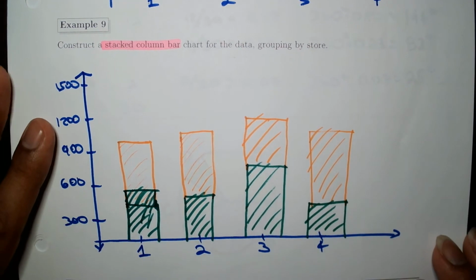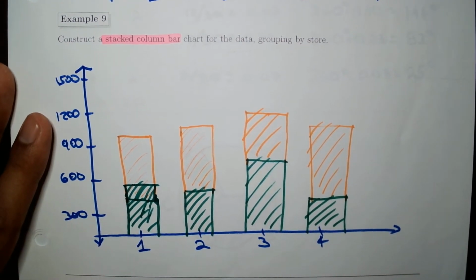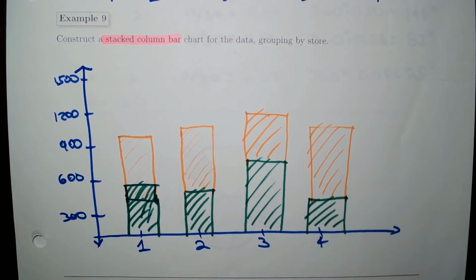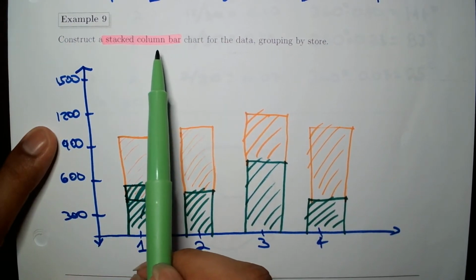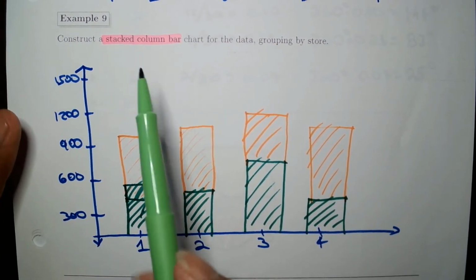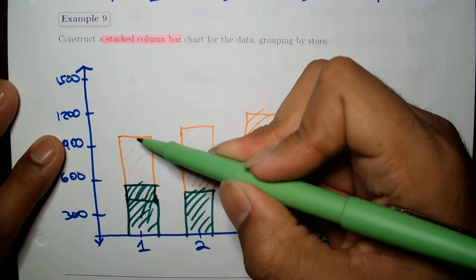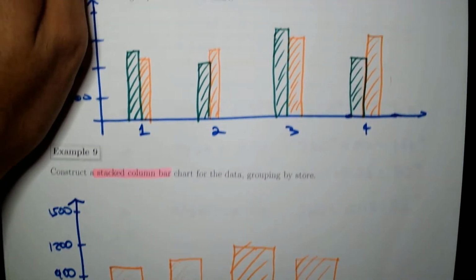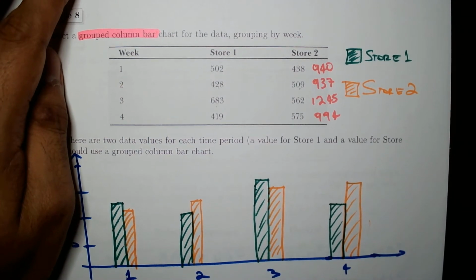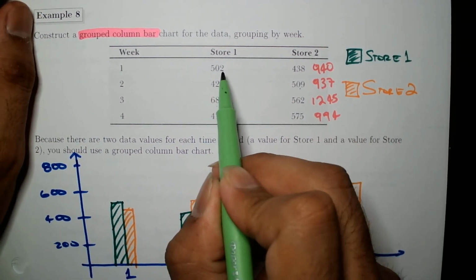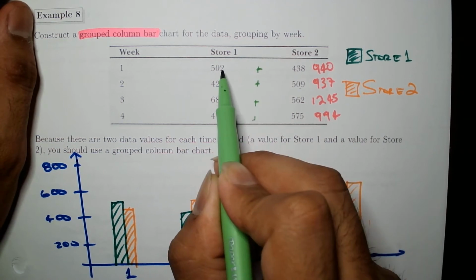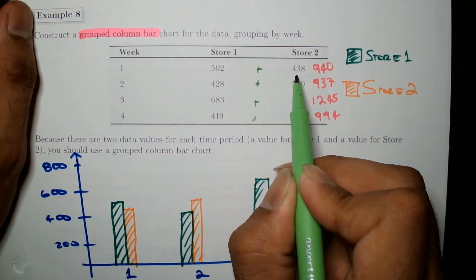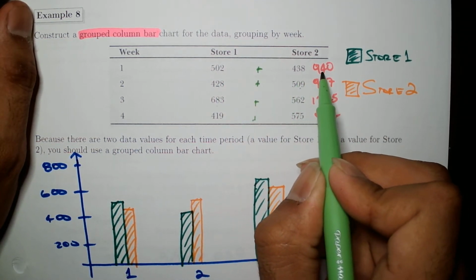Another way to represent this kind of information when comparing is the stacked column bar. In this case, we need to find the totals, so we add these two numbers for each week. 502 plus 438, that's 940.